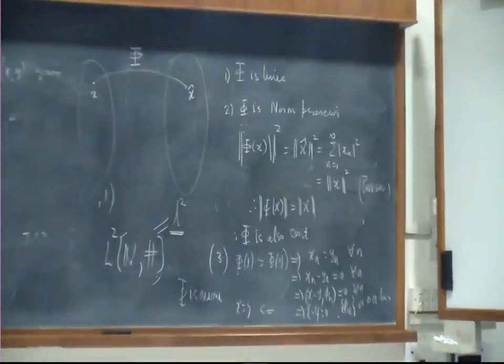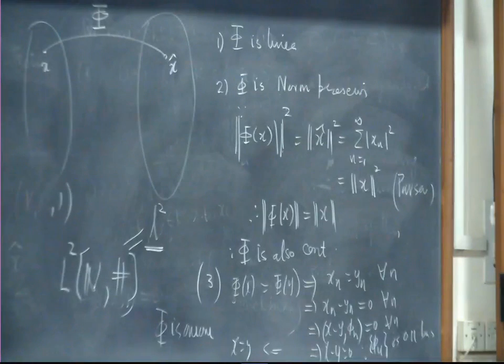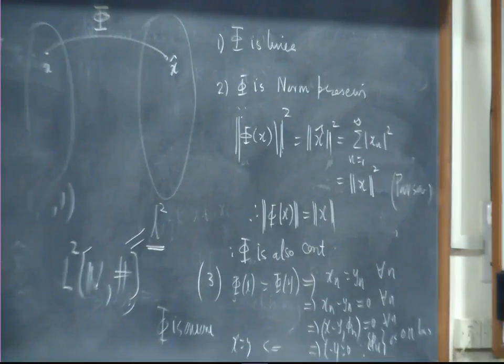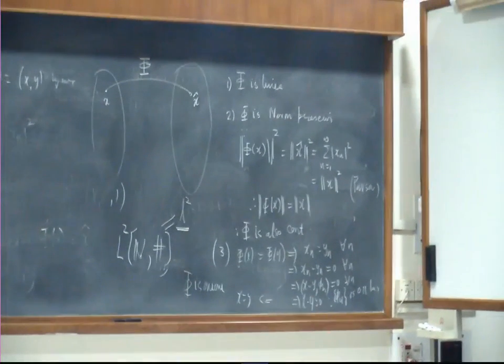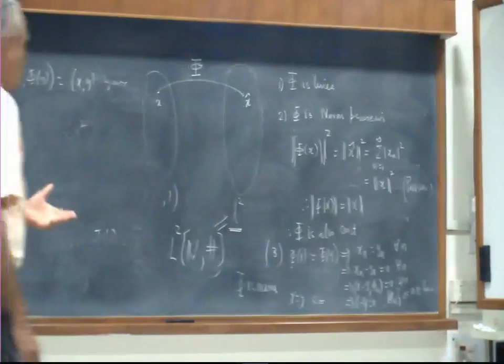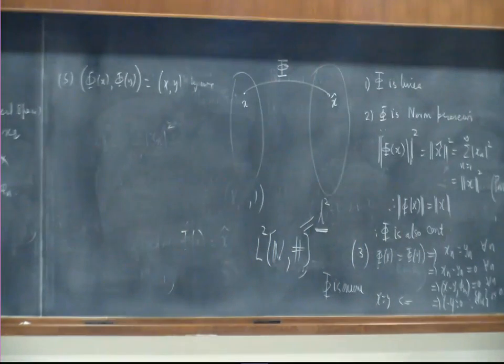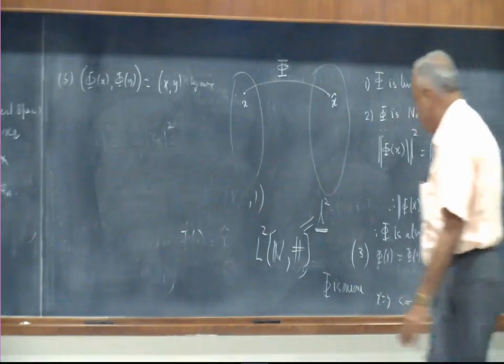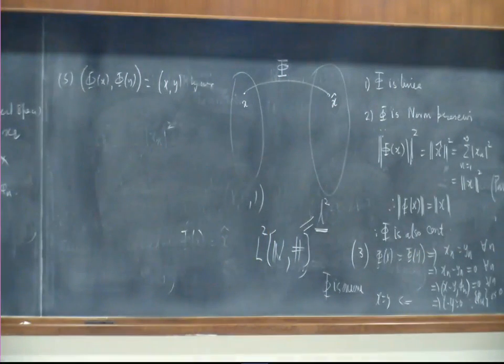So, basically you can say the capital L2 on a countably infinite set with counting measure takes care of all Hilbert spaces which have countably infinite orthonormal sets. Okay. So, now I am going to make more statements about these Hilbert spaces. So, let us put this as a theorem. Hence, we get the theorem.